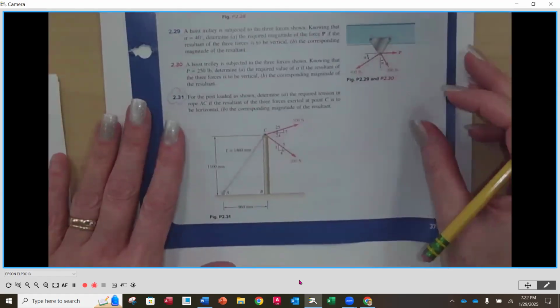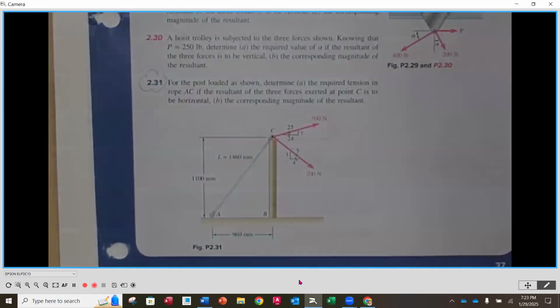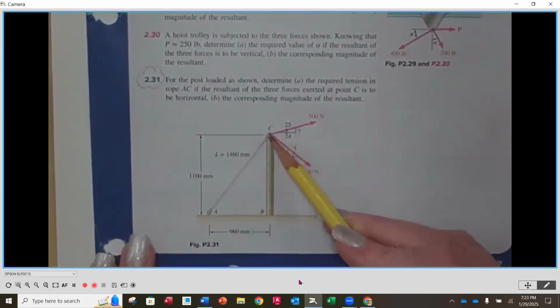All right. So then the last problem that you have in this section and the last problem you have for the assignment is number 231. Says for the post loaded as shown. Okay, so here's the post from C to B, and at the center of C, we've got two forces acting.